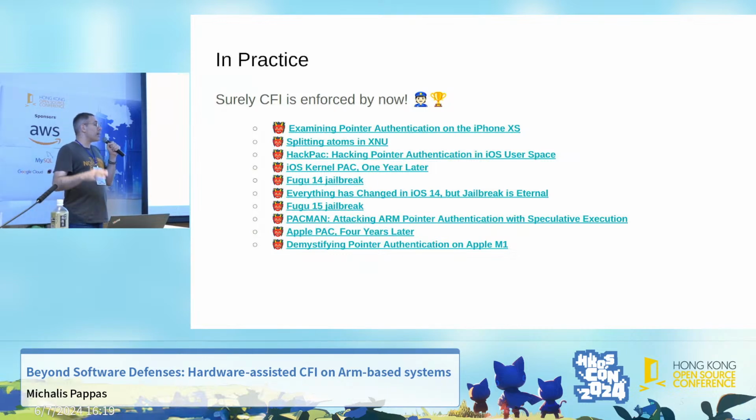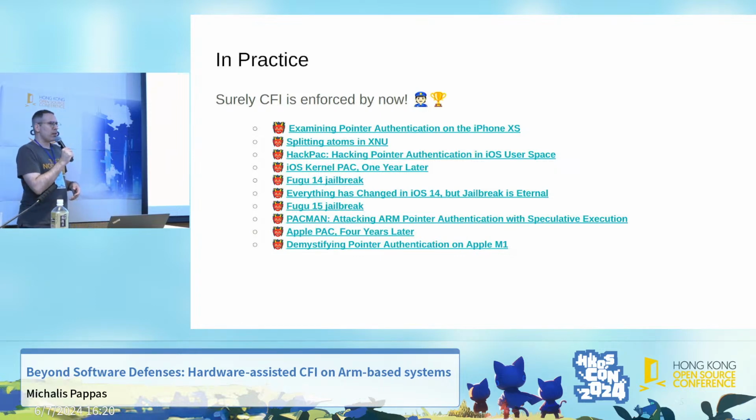All the rest are workarounds. Or, I think one of the first ones was a buggy implementation in the XNU kernel of Apple, right? They did something buggy and people could then reuse, I think, signed pointers or something like that. So all the rest is workarounds.